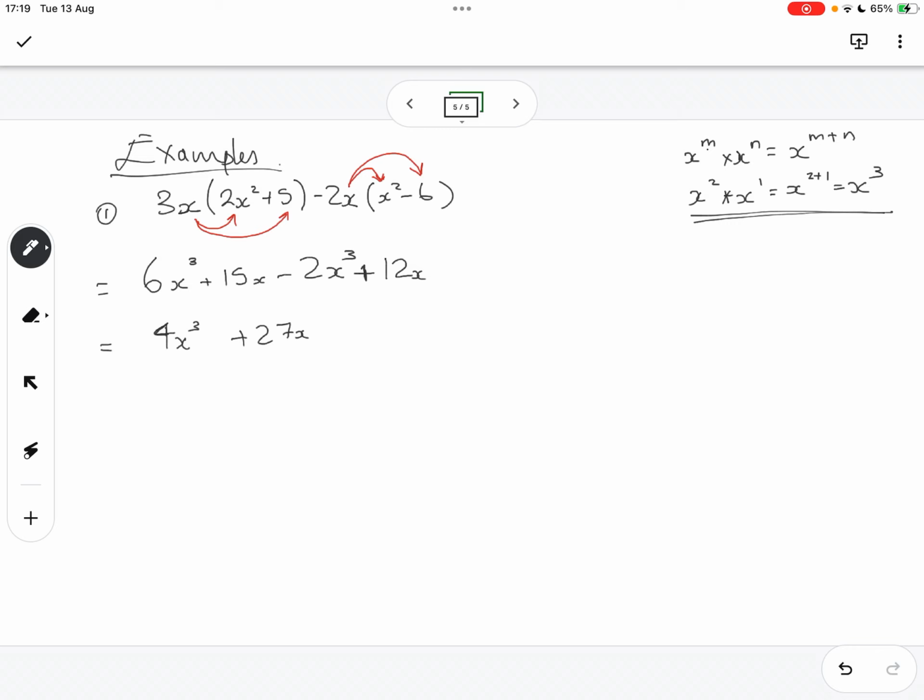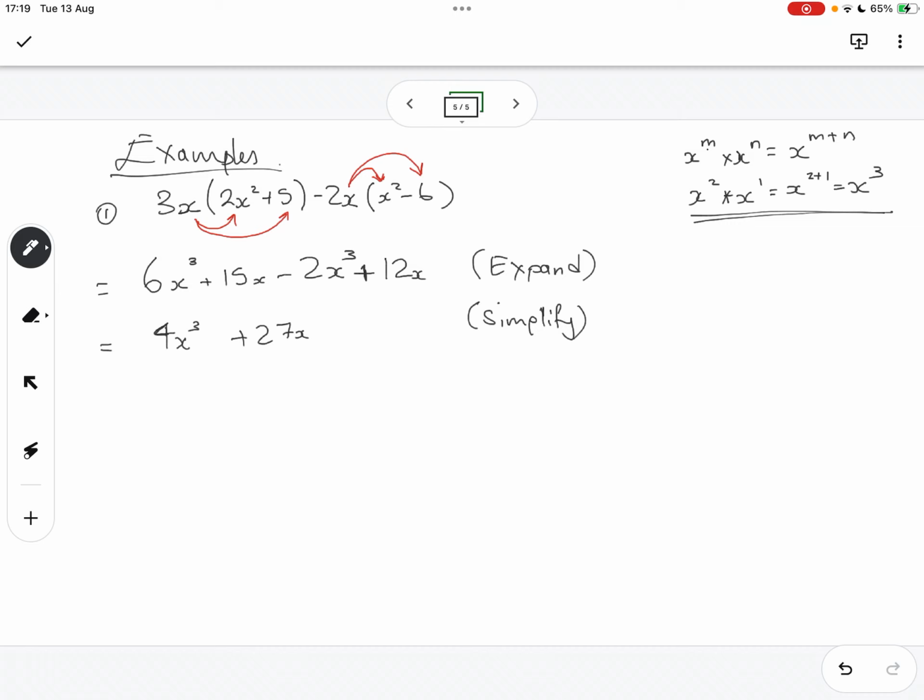Alright, cool. So you see how we expand. This part is where we expanded, and then here we simplify it.